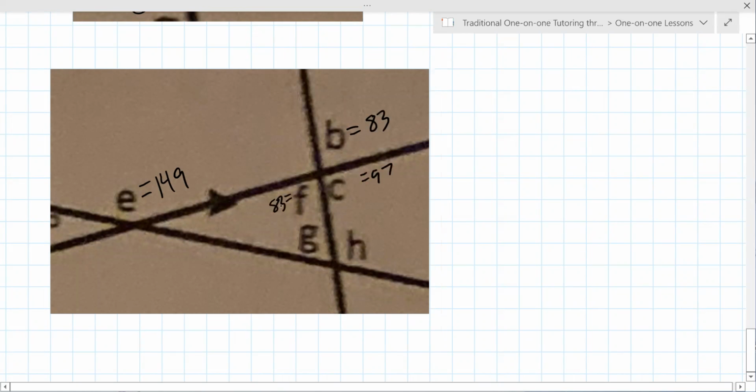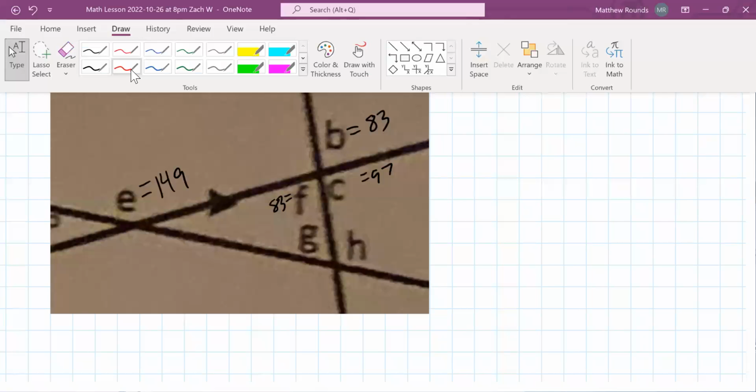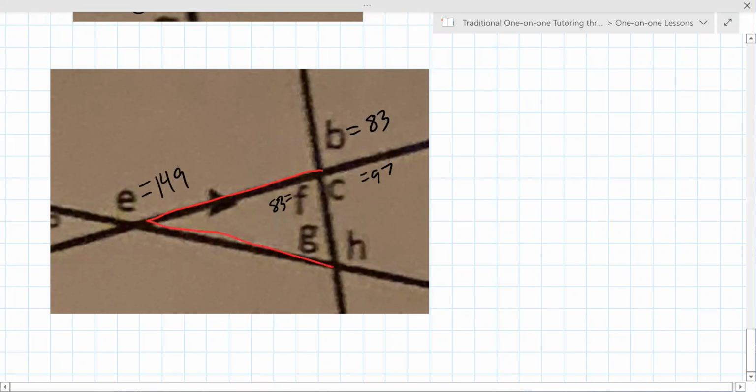All right. So G is in a weird spot. It's part of this triangle, so we need the other angle of this triangle. We need this one over here.